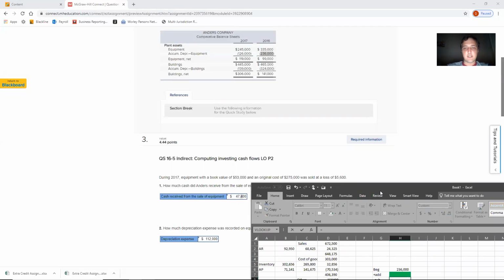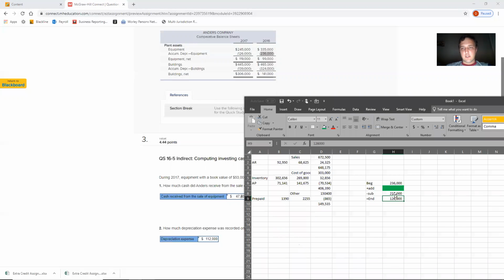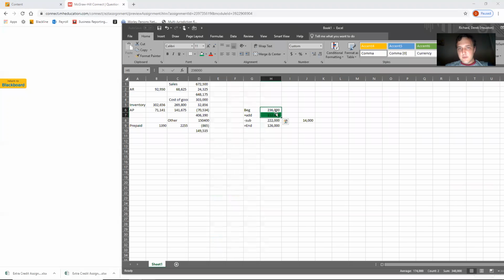So that means that we had recorded a total of 222,000, so our depreciation expense would have had to be 112,000.